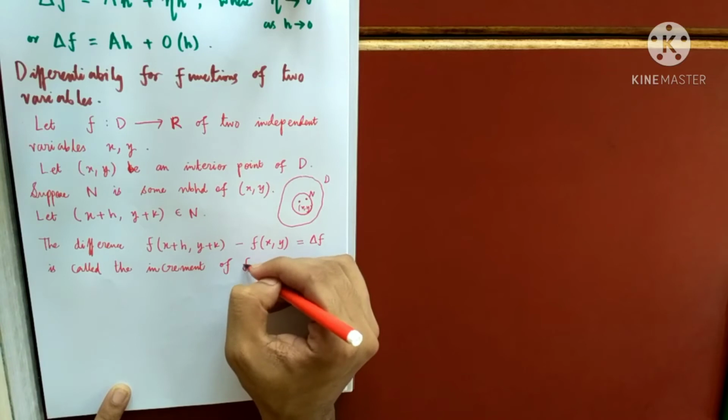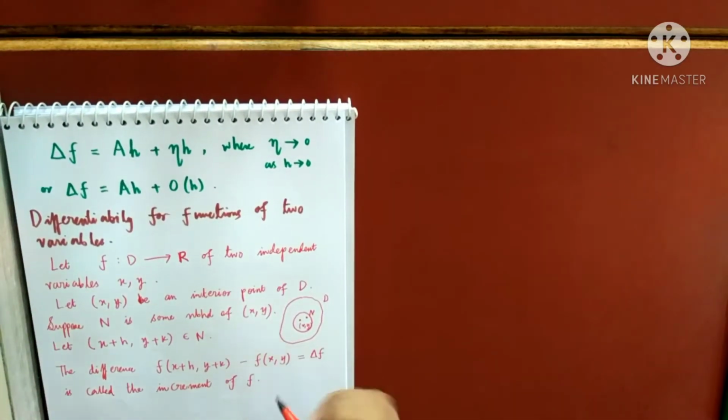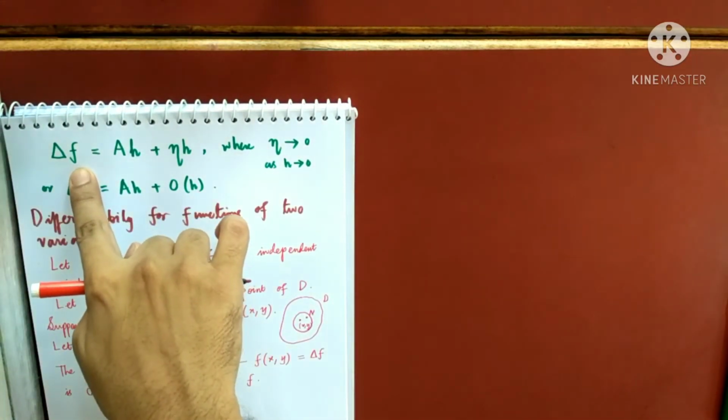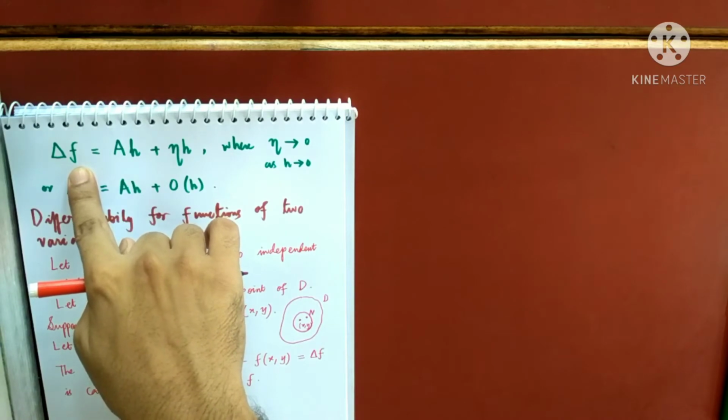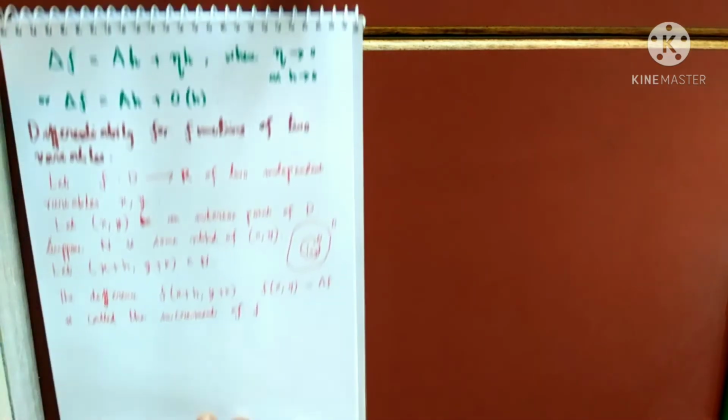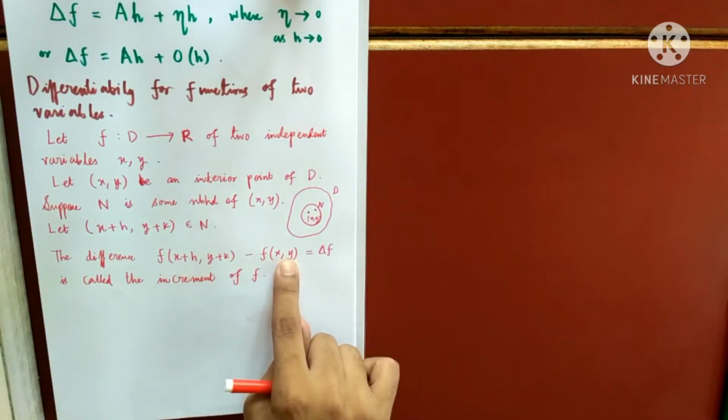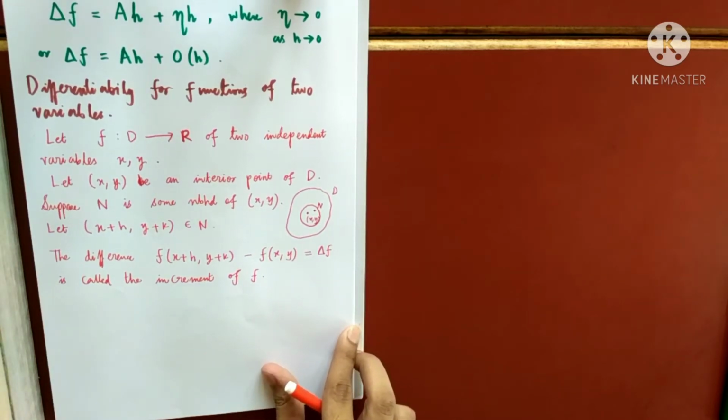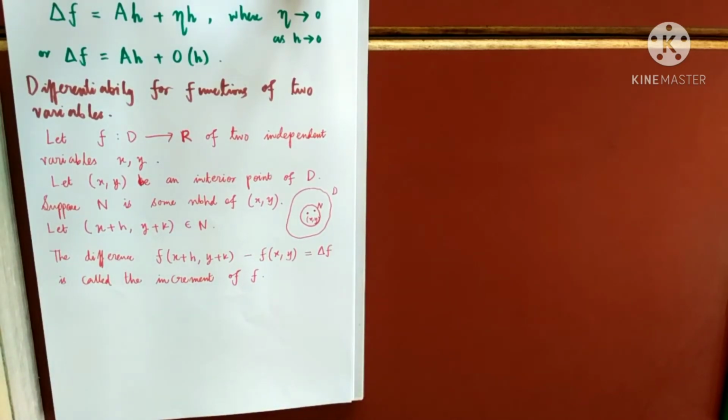So I am first defining what I mean by increment. What is the meaning of increment here? f of x plus h minus f of x. And here, this is the meaning of increment: f of x plus h comma y plus k minus f of x y.